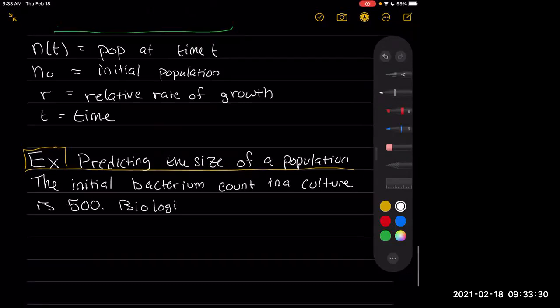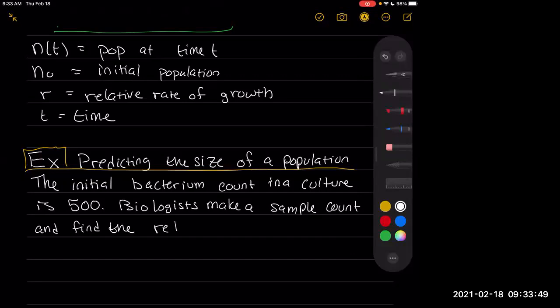Biologists make a sample count and find the relative growth rate is 40% per hour.